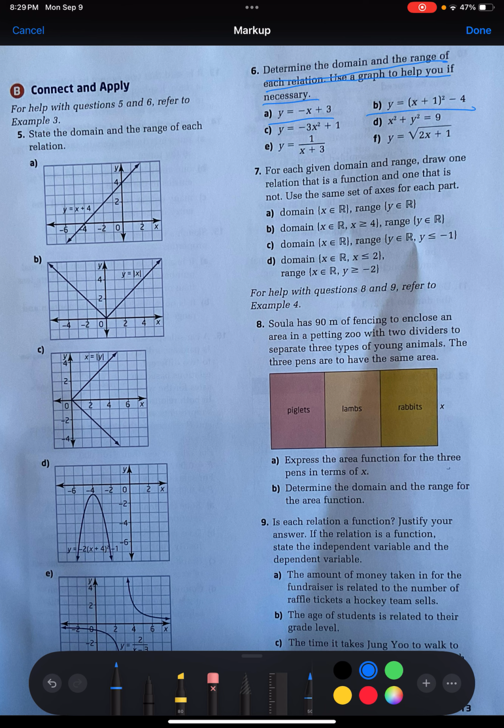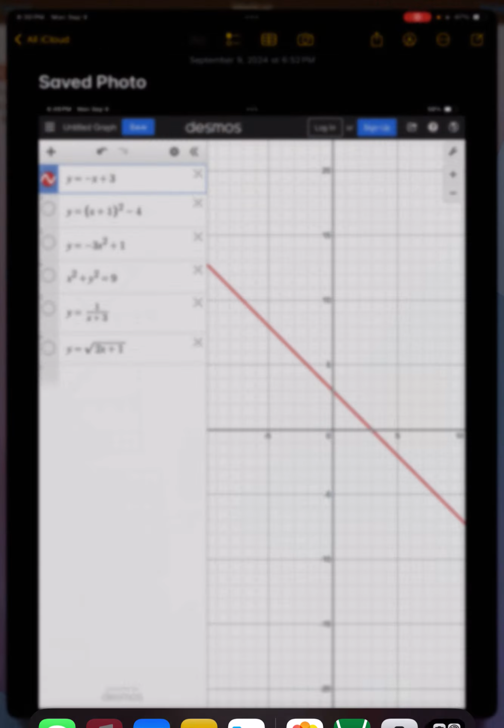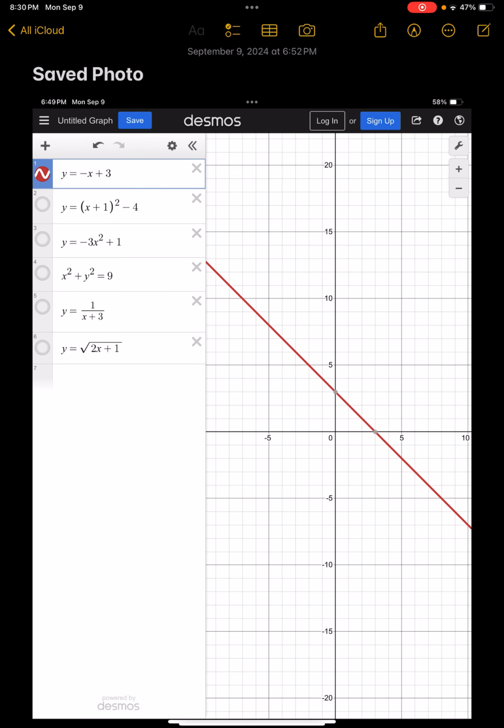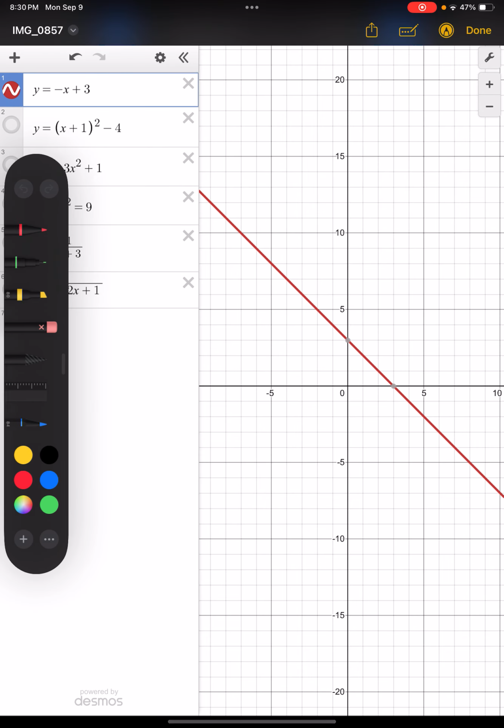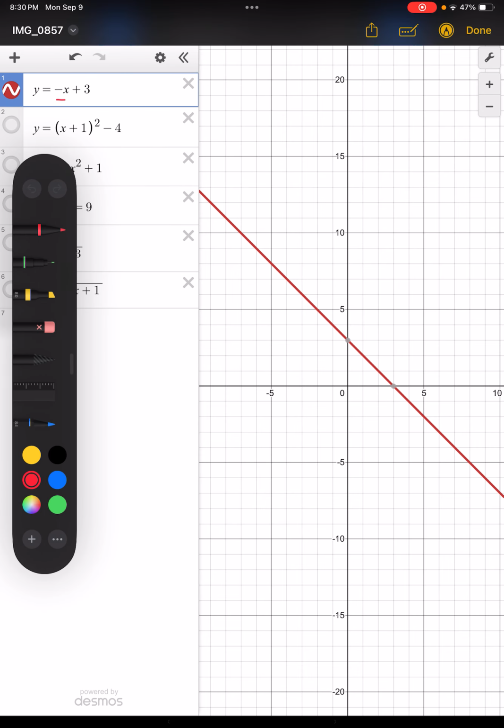And I basically wrote these. I actually put them in Desmos to see the domain and range of each of these functions, and I took a picture of them. So here's the first one. This is y equals minus x plus 3.